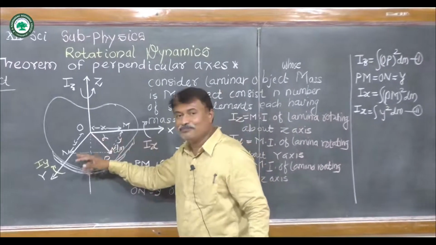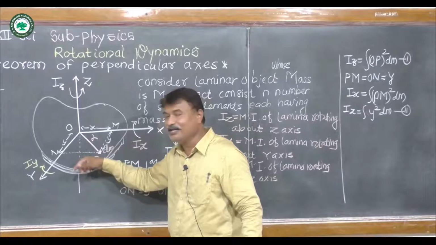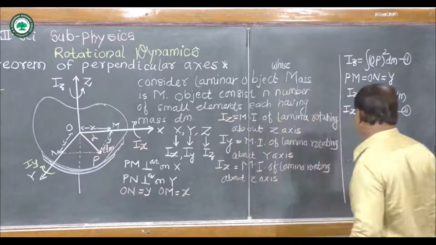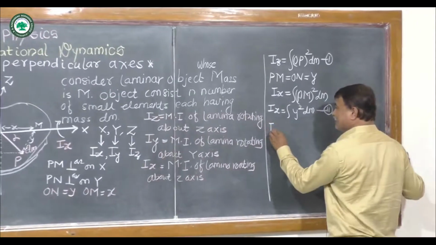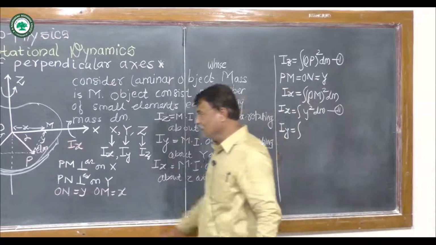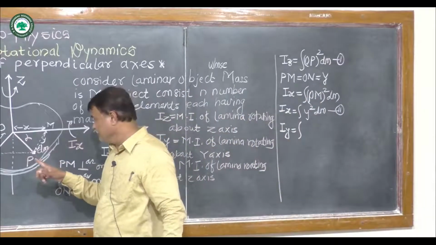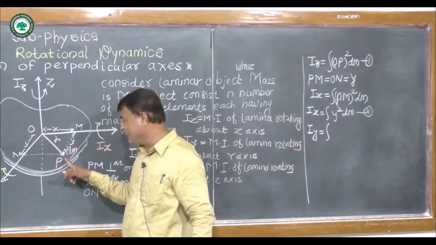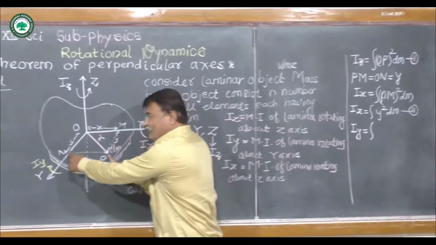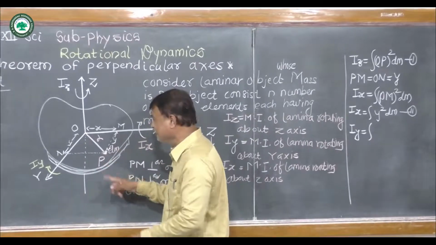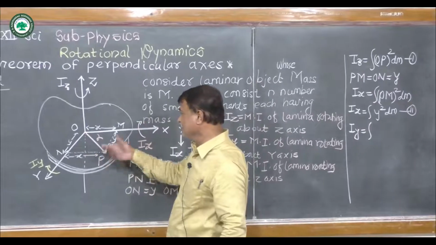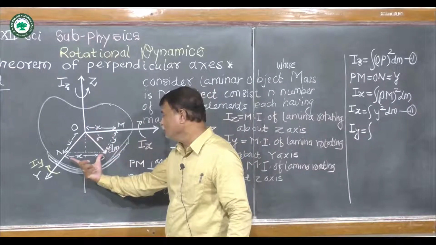We have to find out again the moment of inertia of a plane lamina rotating about the y-axis. So it is Iy equal to integration of, now see this diagram, this small element is situated at point P and it is at distance, say x, from the y-axis, because we know that the distance OM is equal to Pn.